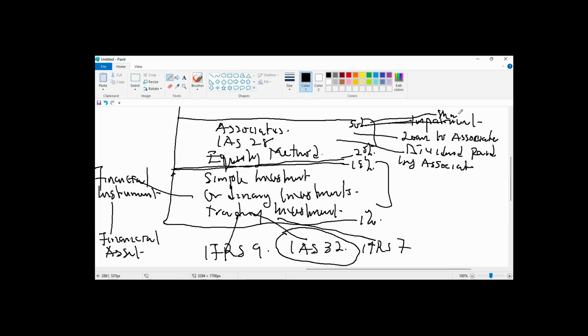Share profits or loss, then unrealized profits on inventory.